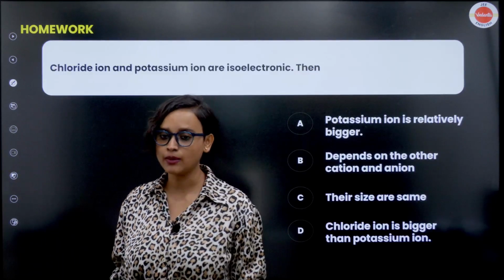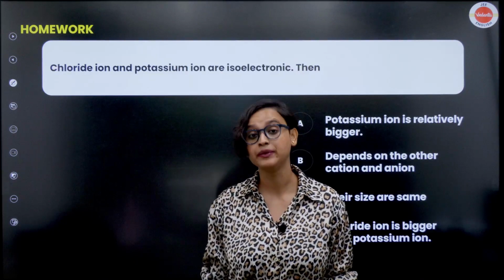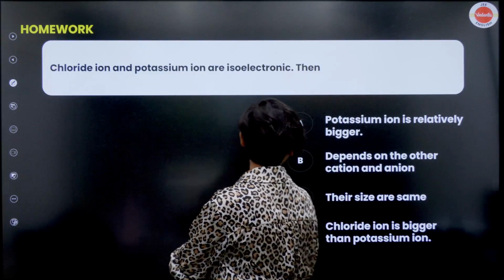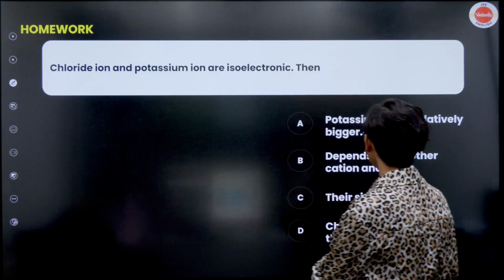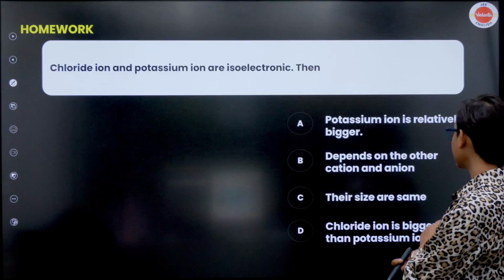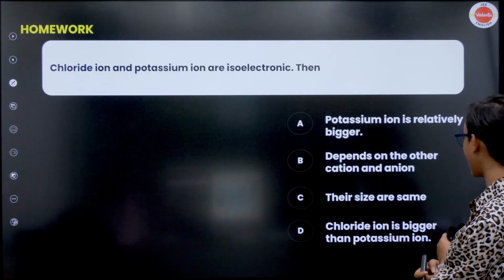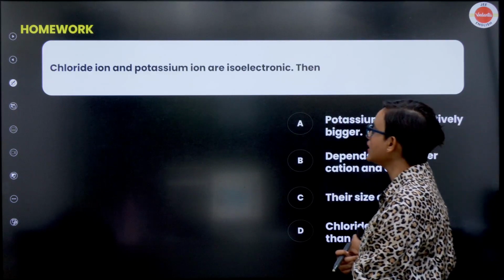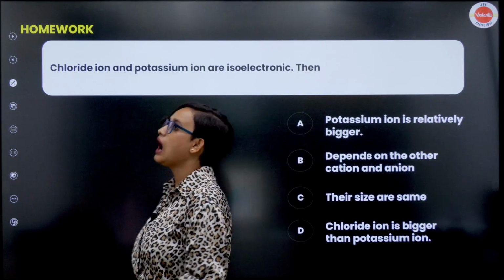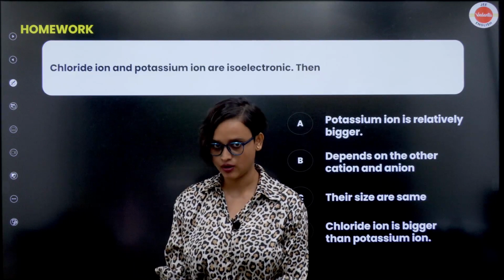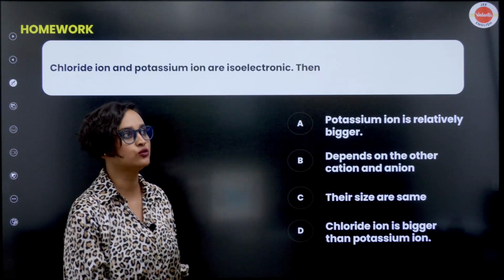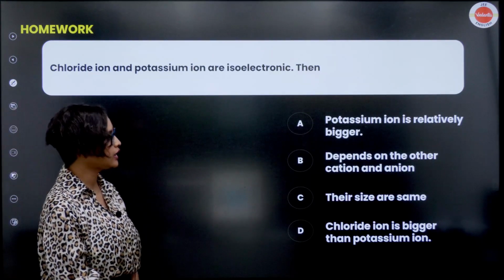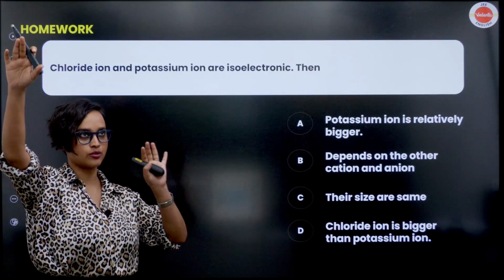Chloride ion and potassium ion are isoelectronic. Then what will happen? Potassium ion is relatively bigger. Their sizes are the same? Chloride ion is bigger than the potassium ion. Chlorine is on that side, potassium is here.